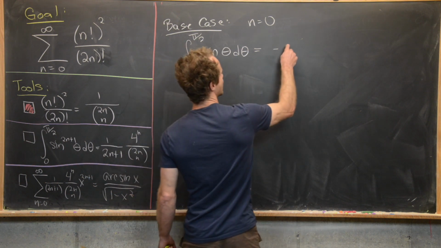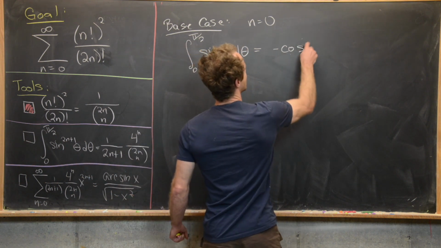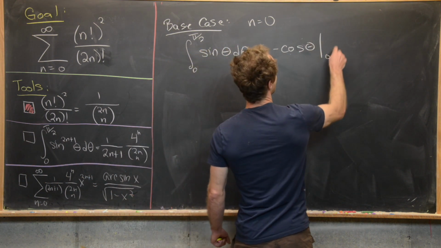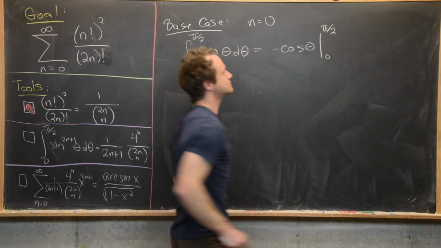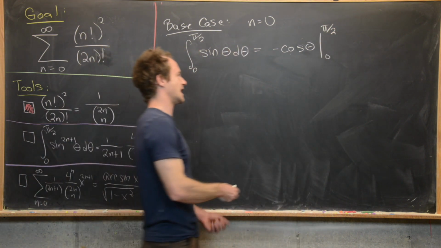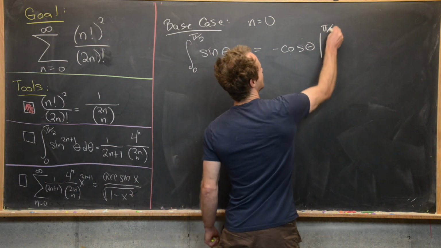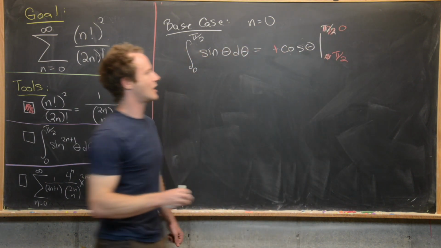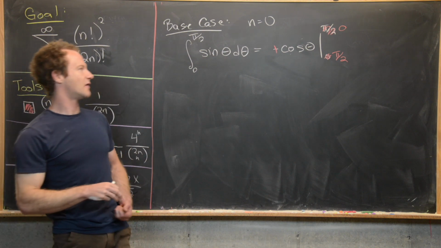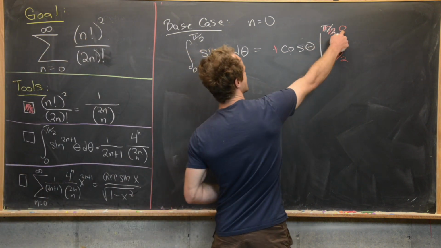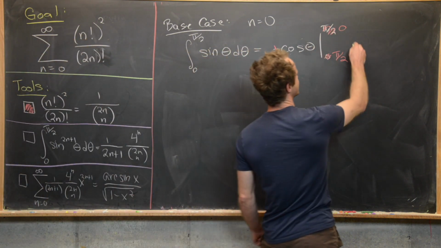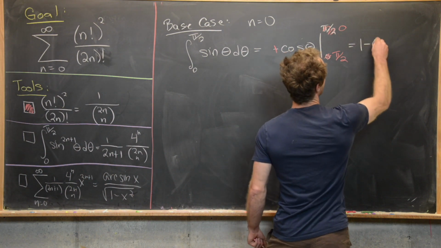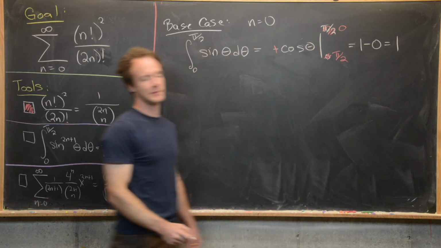The antiderivative of sine is negative cosine theta. And then we need to evaluate that from 0 to pi over 2. Now I can go ahead and switch the order of this evaluation if I change the sign out here. And that's actually helpful in this case because cosine of 0 is 1 and cosine of pi over 2 is 0. So this is 1 minus 0, which is equal to 1.